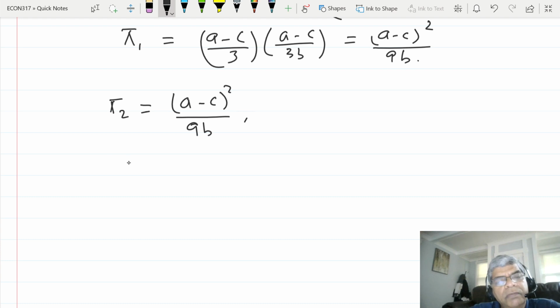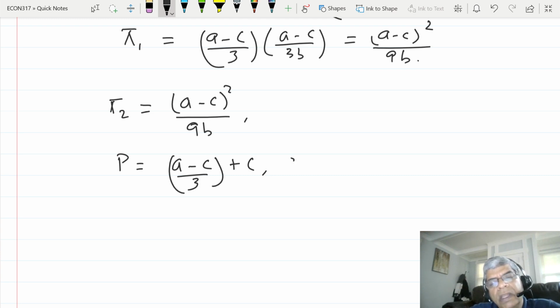So now we have price equal to (A minus C) over 3 plus C. I have Q1 and Q2 each equal to (A minus C) over 3B.